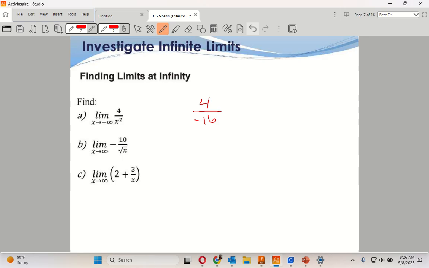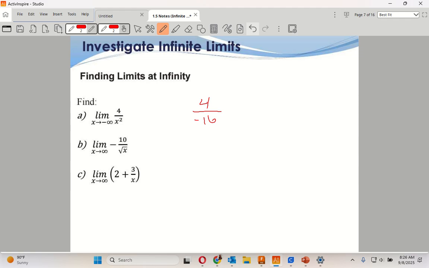That would give me 1/4. So as I keep getting smaller and smaller and smaller, what is my number approaching? 0. As I divide it up by more and more pieces, it's getting closer and closer to 0.